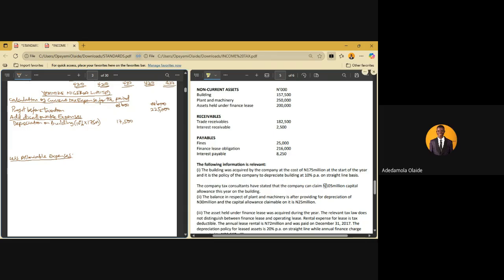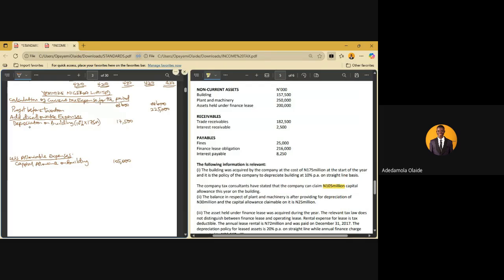But the capital allowance now that is claimable will now be allowable. We'll now say less capital allowance on building, 105 million. Are we getting it? The next one, they said the balance in respect of plant and machinery is after providing for depreciation of 30 million.